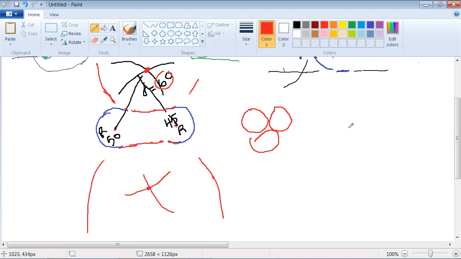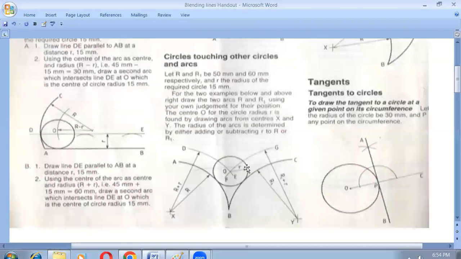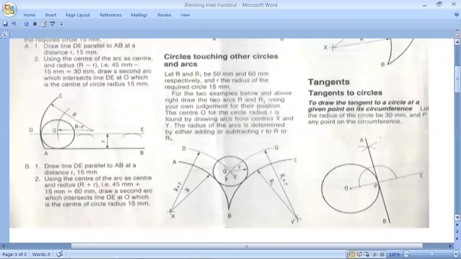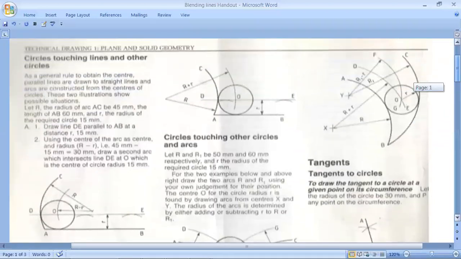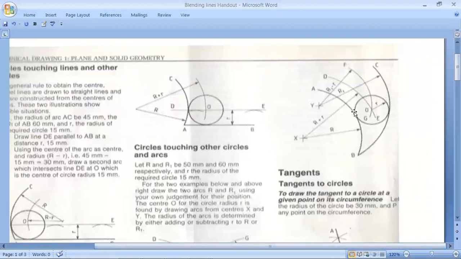The other example is when, let's look at the guideline first. In order, the other example is right here.